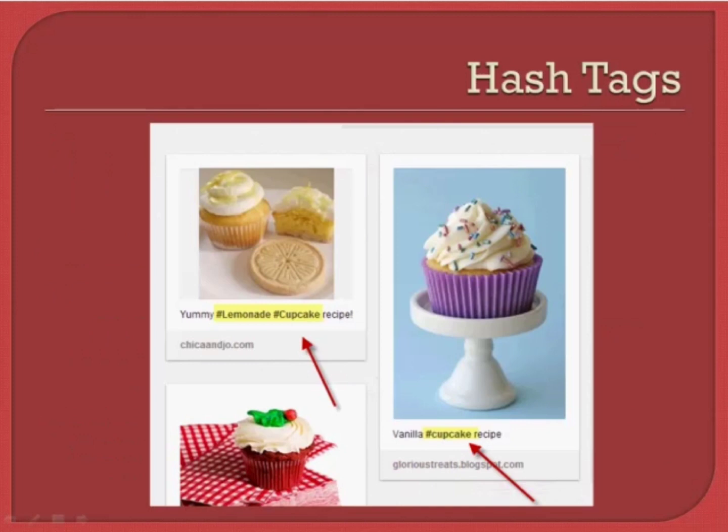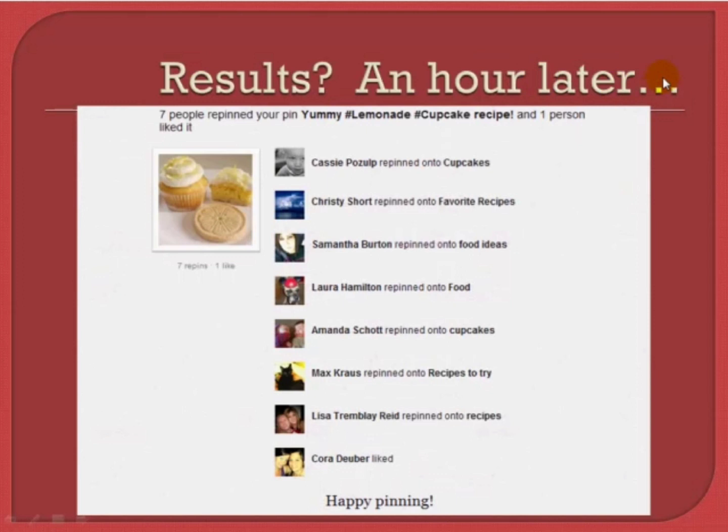Let me give you a live example. I went to Pinterest and repinned somebody's item here, the yummy hashtag lemonade hashtag cupcake recipe. I repinned this onto a board that I created for cupcake recipes. And because I used targeted hashtags, within an hour the results came back.